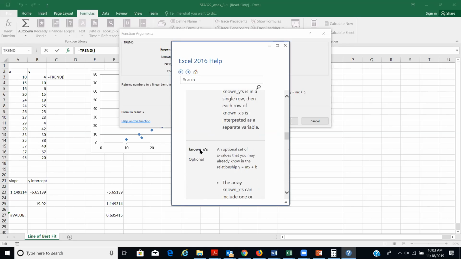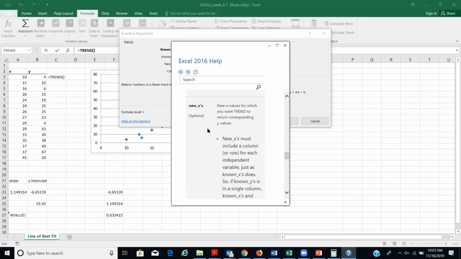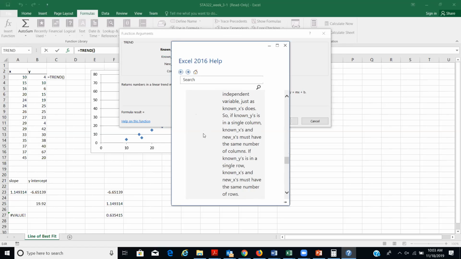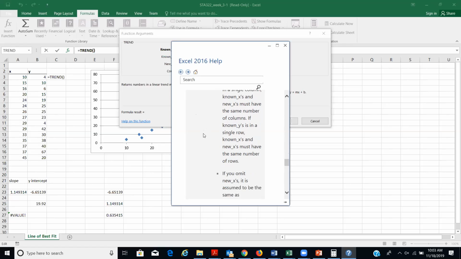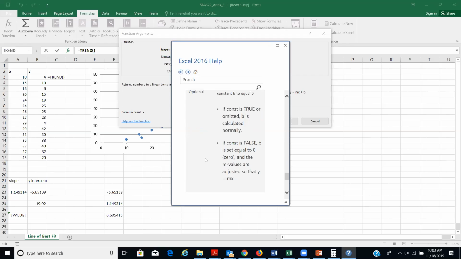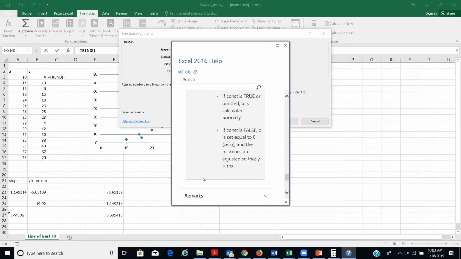Known y's, known x's, new x's, a column for each independent variable that have the same number. A logical value specifying whether you want to force the constant b to equal 0. If constant is true or omitted, b is calculated normally.